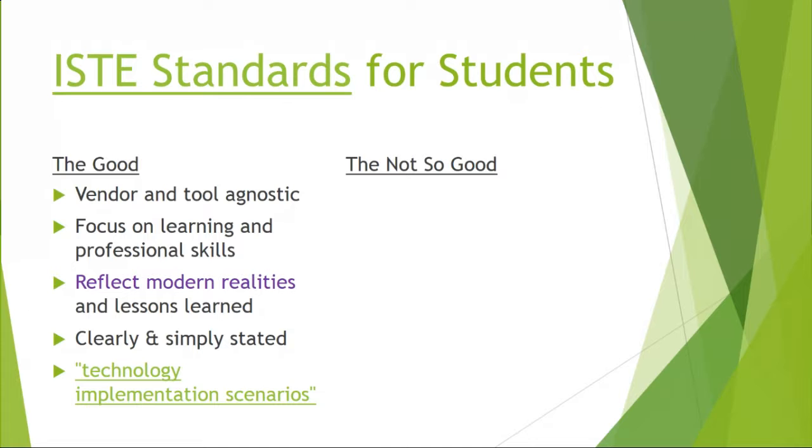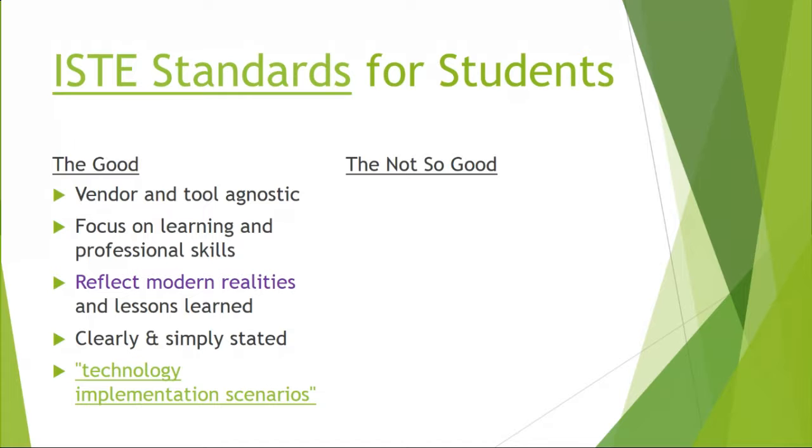They also have technology implementation scenarios, which is a good deal. They sell them in an ebook right now. I just double-checked it this afternoon. For ISTE members, it's $9. If you're not a member, it's $10. But I've heard from the last edition, 2007, when they published their last implementation scenarios, they're pretty basic.